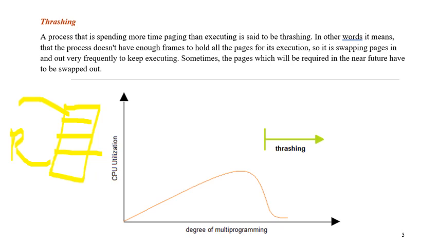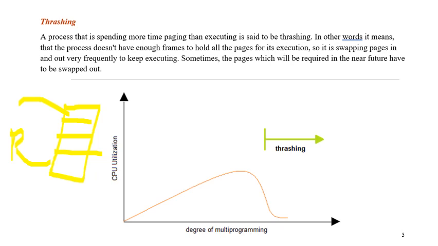Let's say we have a main memory that can hold only 12 pages, and the number of frames allotted to each process is based on its size. So P1 gets 5 frames, P2 gets 4, and P3 gets 3 frames.